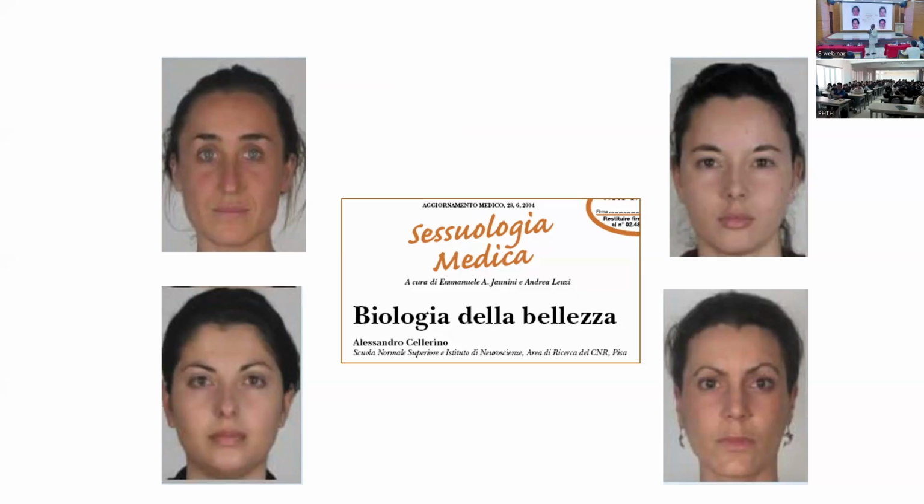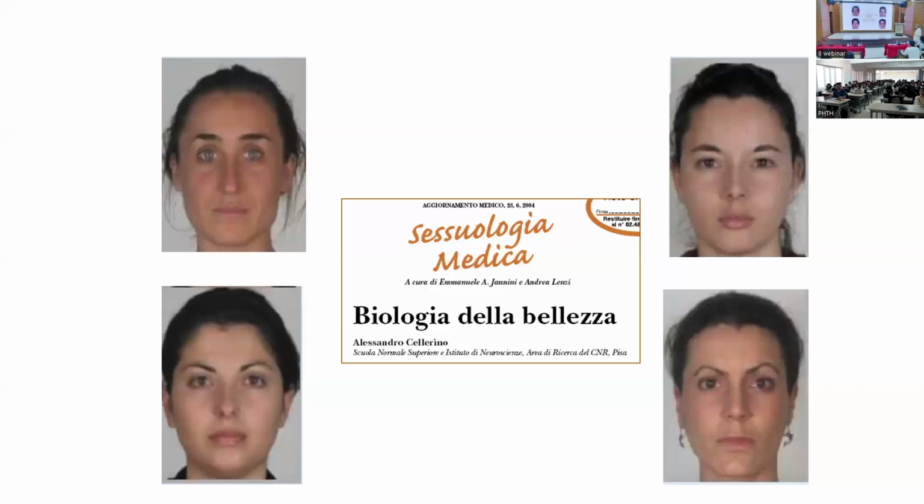The experiment is this. With the computer, you can merge all these 4 pictures together, producing a synthetic face, a new face, which is the mathematical mix of all the 4 faces. So it's just a mathematical calculation, putting the faces together and producing a new face.